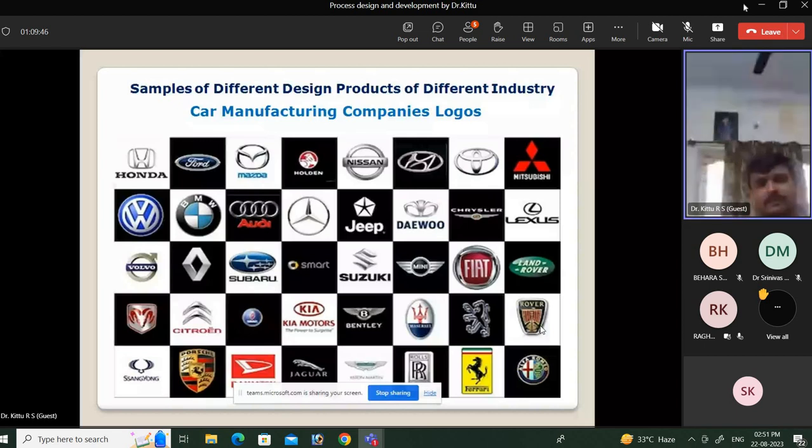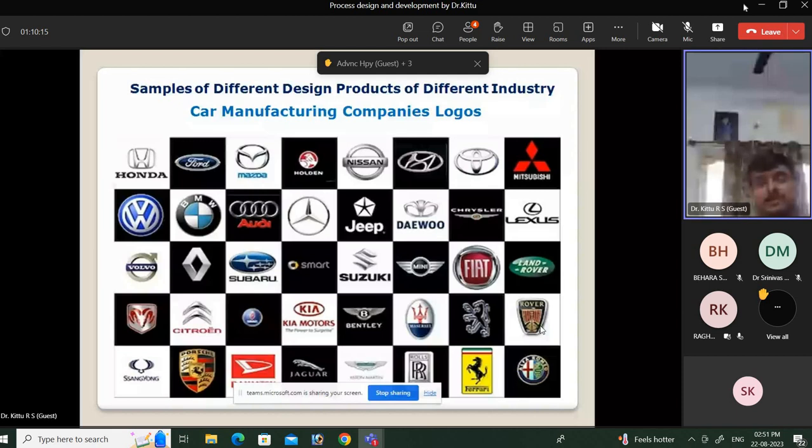This is possible through the efforts, the ideas they generated, and the innovative thoughts they implemented to develop the design of such logos. It is not an easy thing to develop a logo.